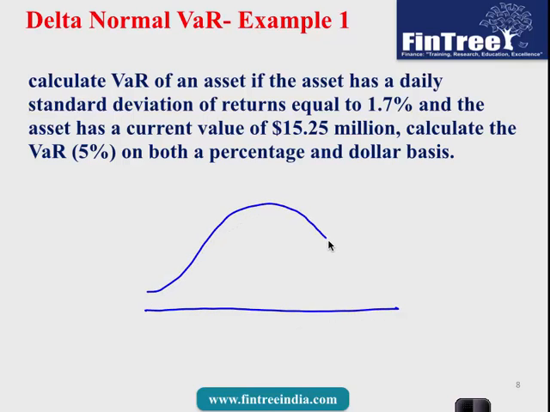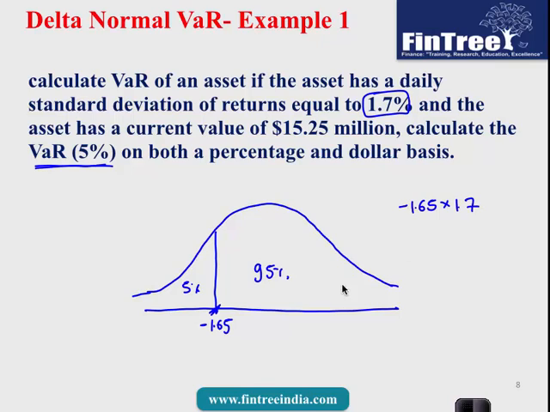Again, this is your mean, this is your normal distribution. We want to calculate a 5% VaR. So we are looking at this particular point where on the left we have 5% probability, on the right we have 95%. The relevant Z factor here is minus 1.65 for 5%. Since your standard deviation is 1.7 and there is no return mentioned, we would simply say minus 1.65 into 1.7.